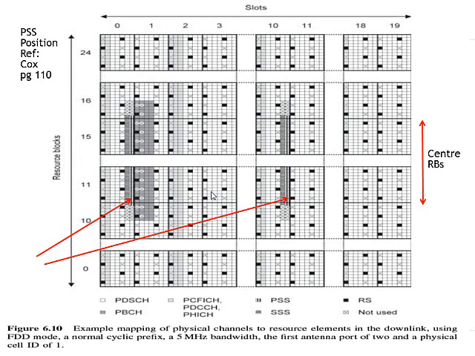So in 5 megahertz bandwidth we have 25 resource blocks. Okay, that's vertically, or on the y-axis you can see 25 resource blocks, and on the x-axis you have slots. So slots going from 0 to 19, so there are 20 slots, so that corresponds to one frame.